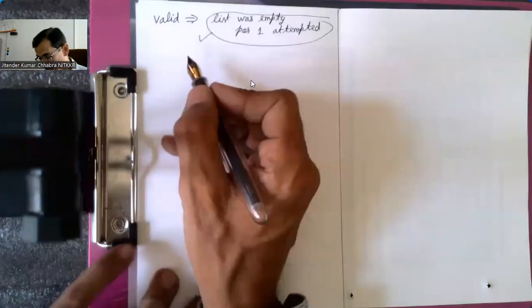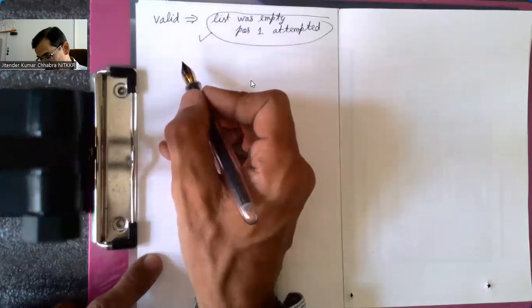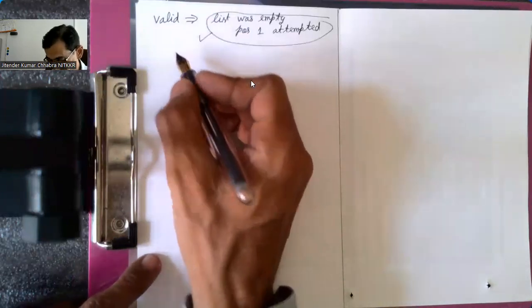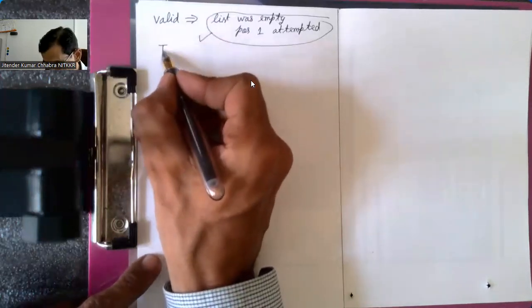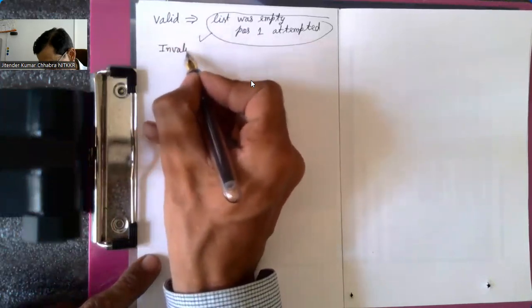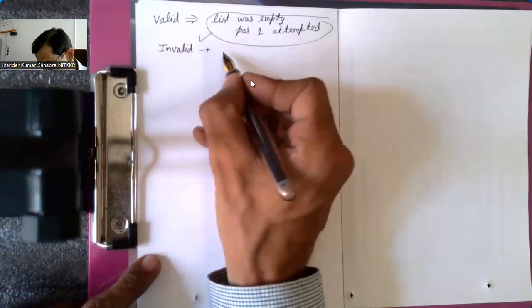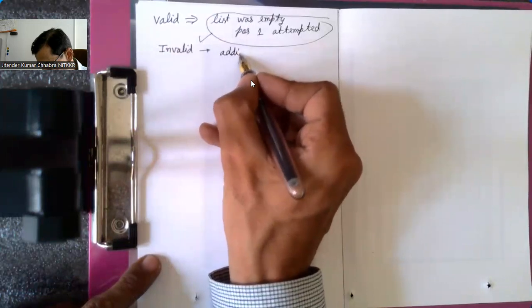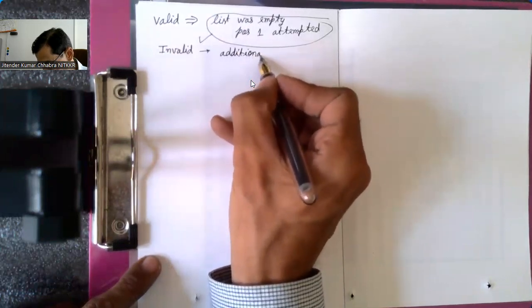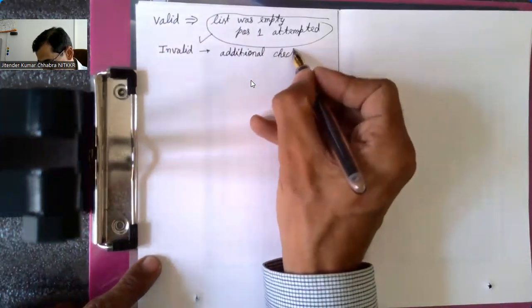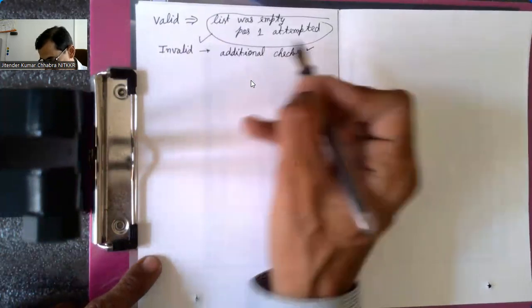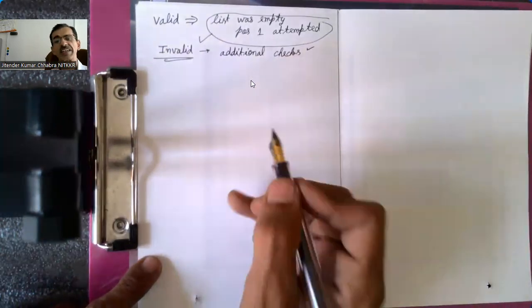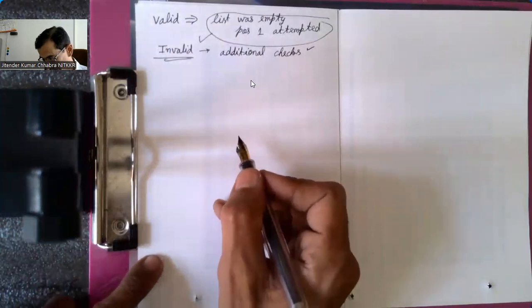Invalid, of course, we are not handling. If you want to handle, you can put additional checks, maybe in the while loop, else, etc. You should verify that carefully. Those who want to try can do so. Otherwise, at least for valid, you should be able to implement.